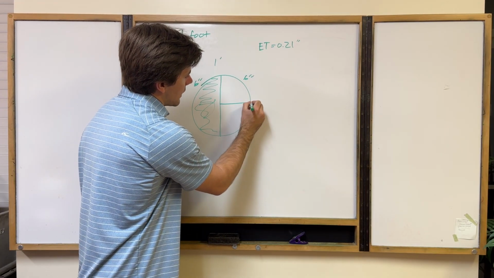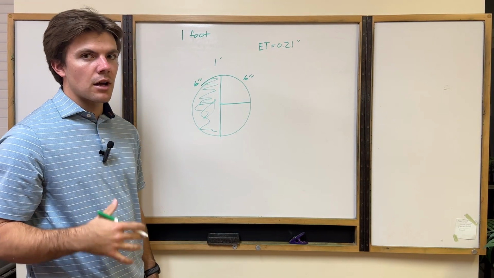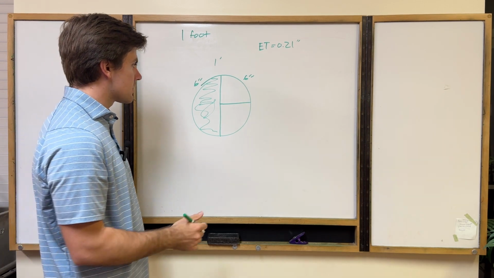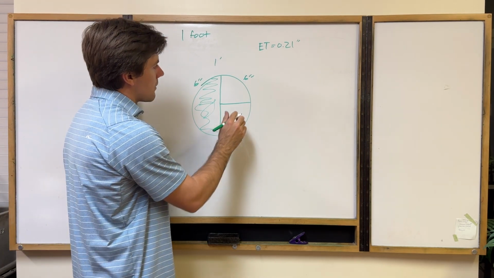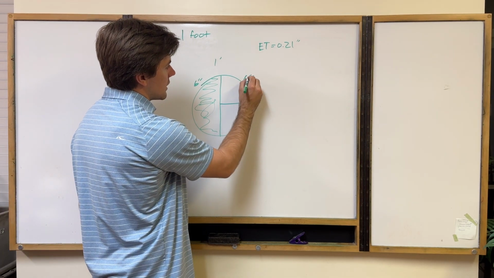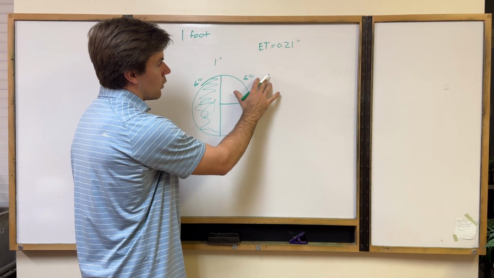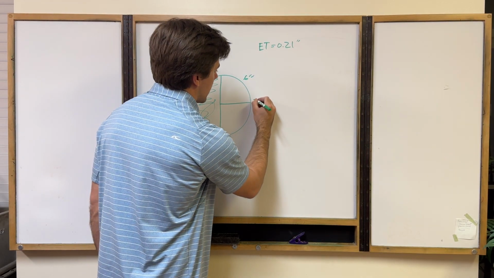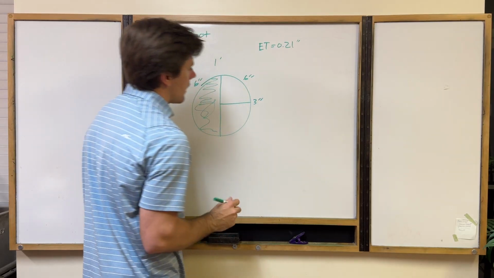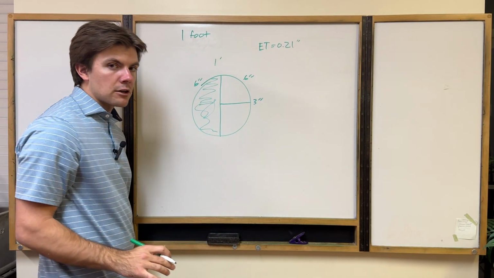Now you're going to cut it in half again. The rule of halves, you're just going to keep cutting it in half, which is pretty nice because you can just remember to do that. So if you have 6 inches of saturated soil water, then the next rule of halves is going to be 3 inches, and this is what we're going to call field capacity.